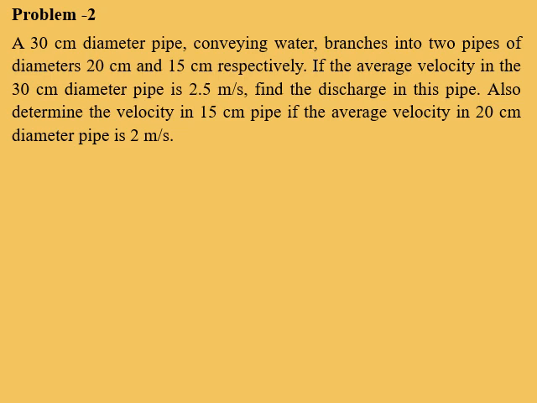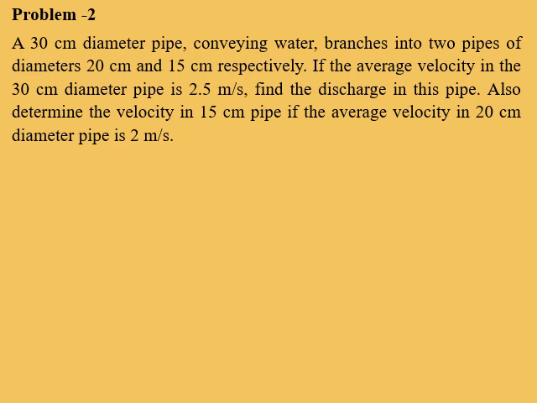The second numerical here. This one is also connected to the continuity equation. A 30 centimeter diameter pipe conveying water branches into two pipes of diameters 20 centimeter and 15 centimeter respectively.